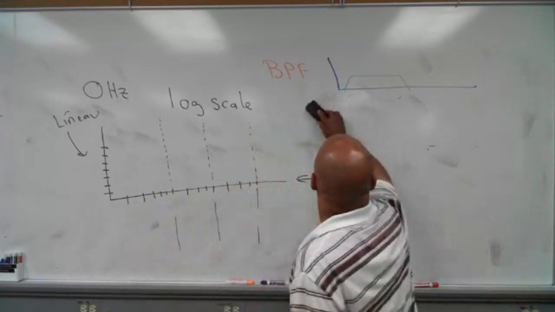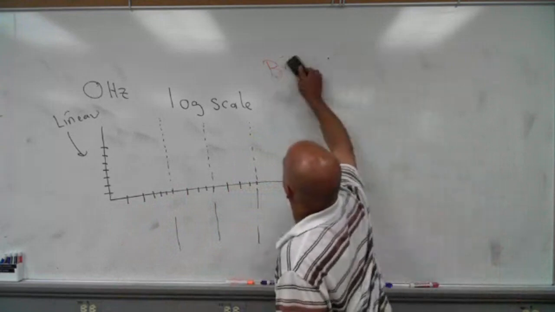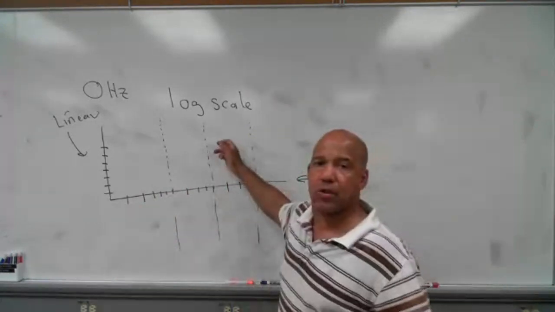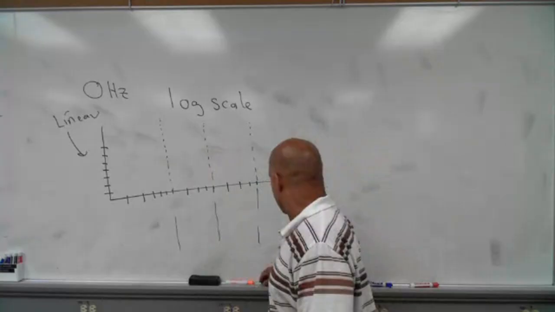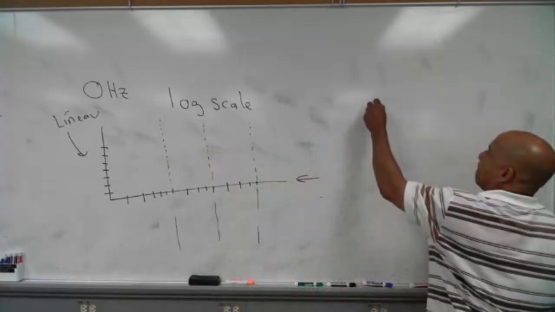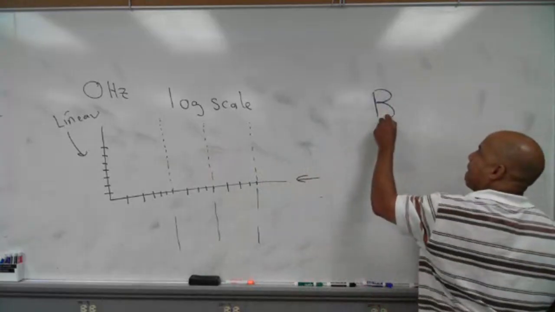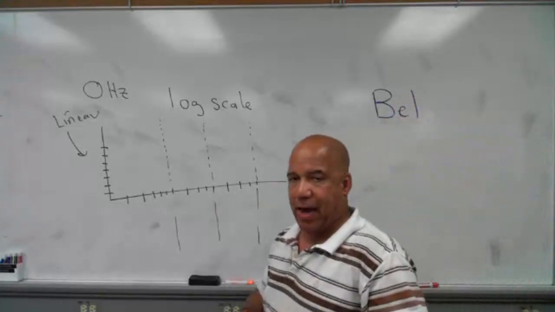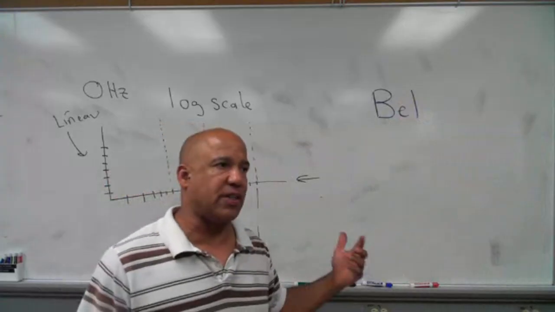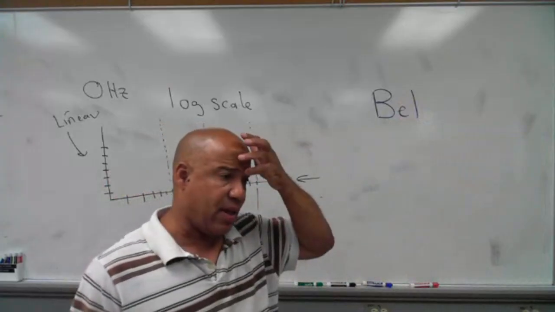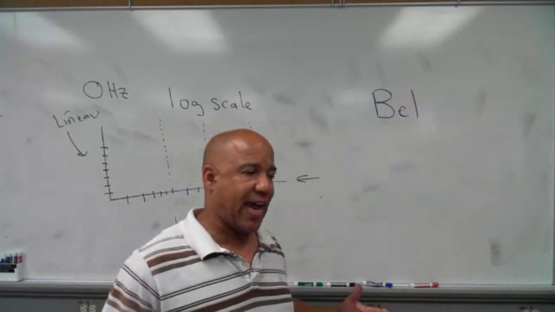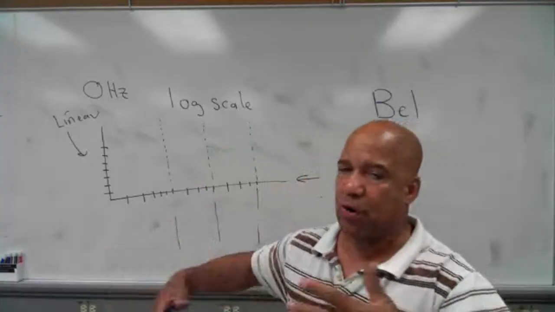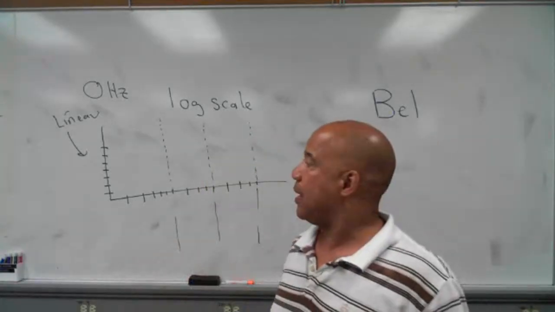And so what they came up with was a unit that works well on the log scale. The unit is called the bel. A bel is an actual unit. I don't know if it's an engineering unit or a math unit, but a bel is a unit that deals with exponential and logarithmic type numbers.